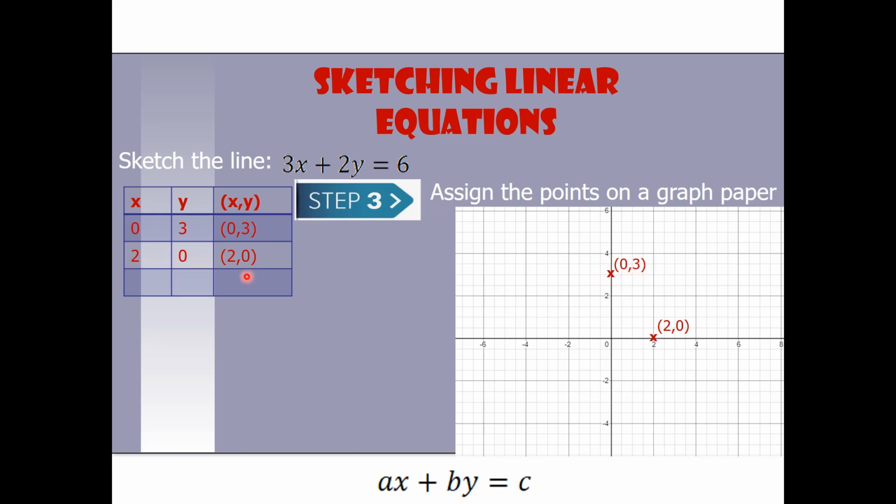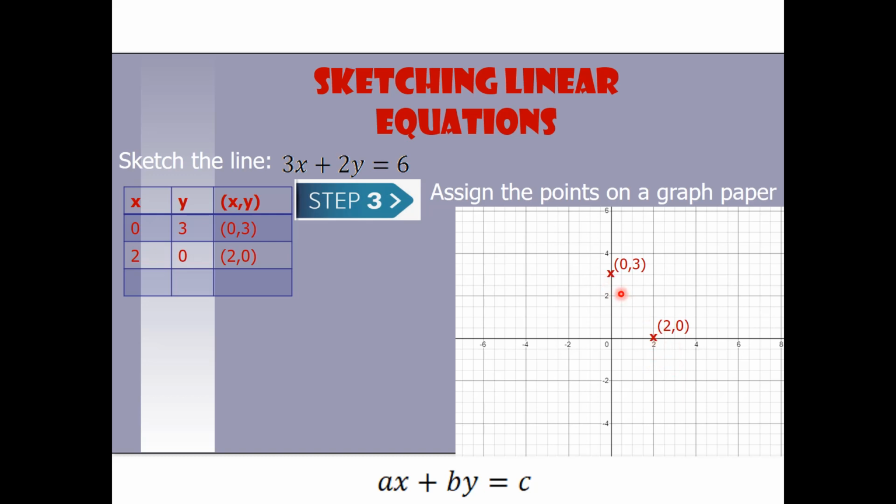Now for the second point, with the coordinates 2 and 0, we start from the origin and move along the positive x-axis until we reach 2. Since the y coordinate is 0, we don't have to move up or down. We just stop here at x equals 2, and we draw the cross.